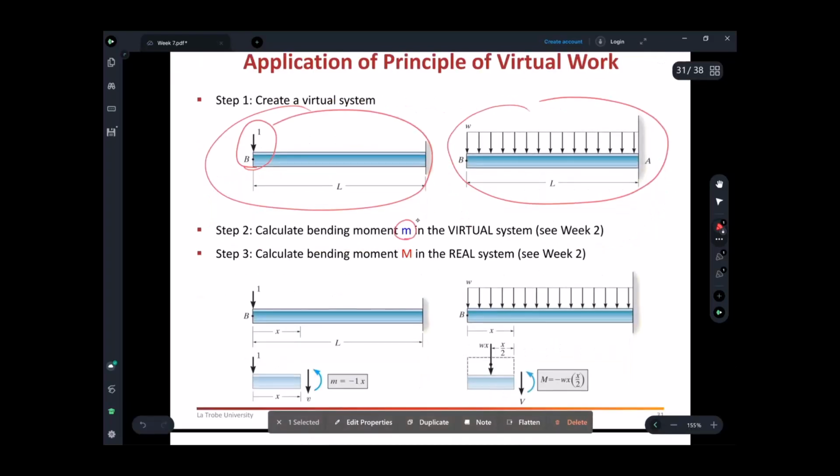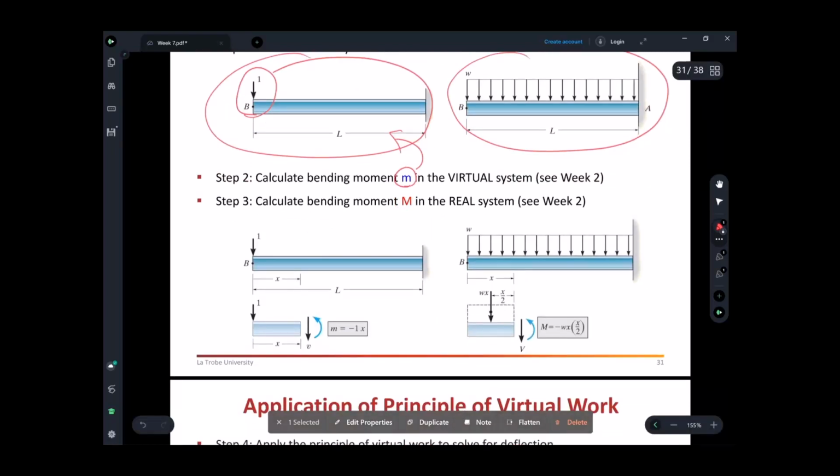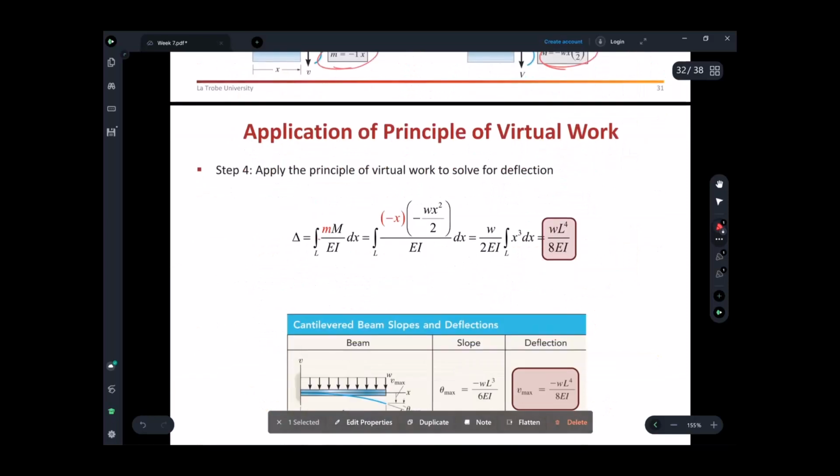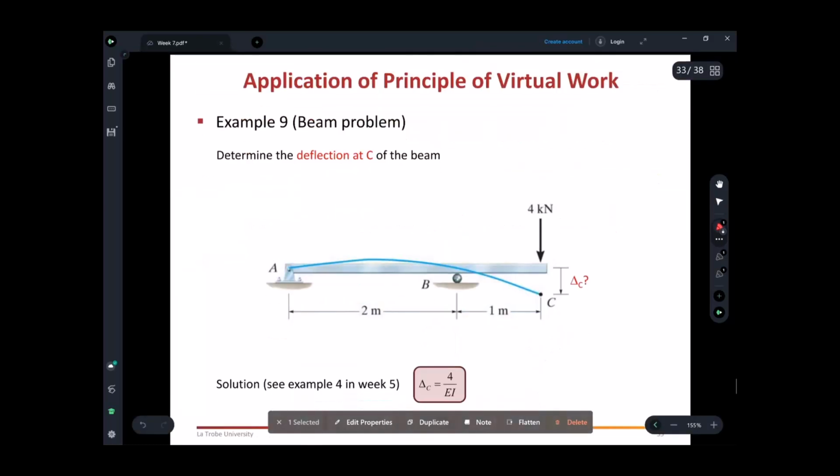For the virtual system, where you want to find the displacement, you put the unit load, find small m, and for the real system, same directions, same x distance, and you find capital M. Once you find small m and capital M, you substitute the values into the integration, and it will give you the displacement at the point. So it's simple, same thing.